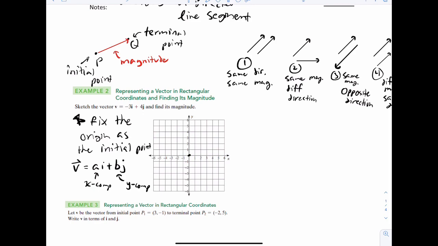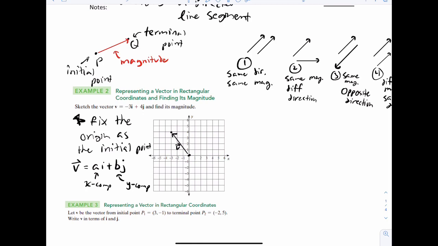And it functions exactly like you would think. Negative 3i plus 4j just means go 3 left and 4 up. So here's the terminal point. And then we're going to connect them with the arrow. And it goes right there. And this is going to be a vector V.